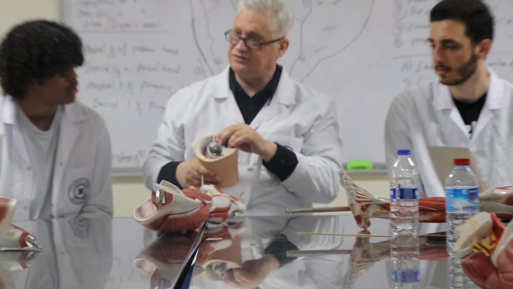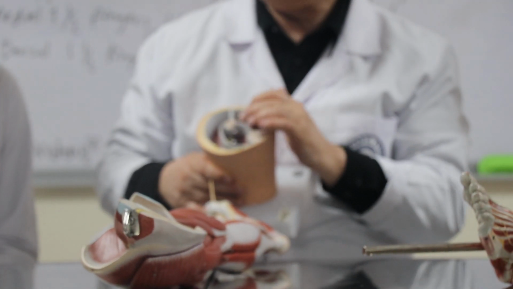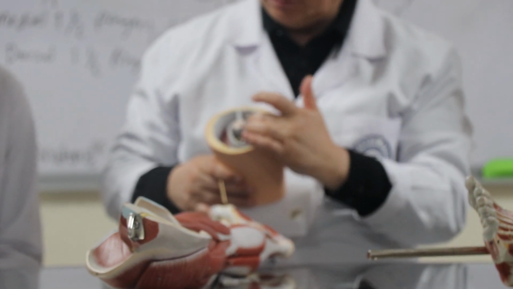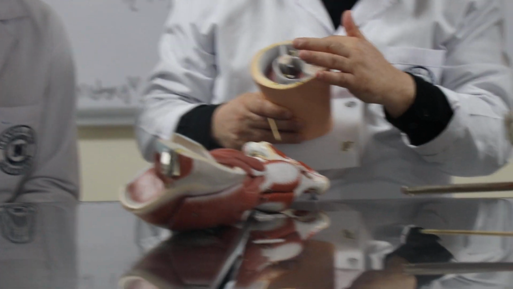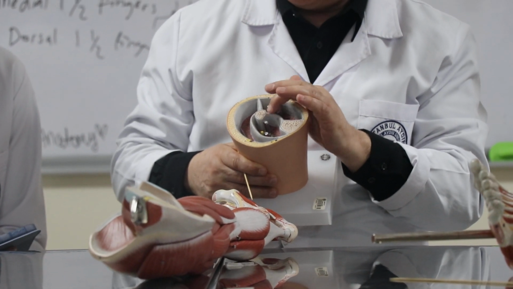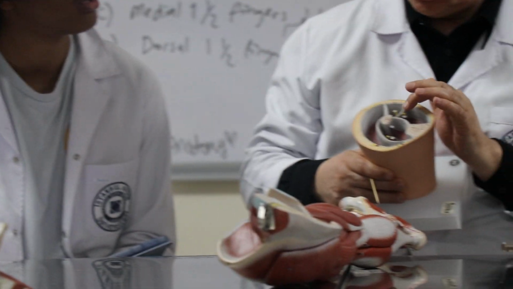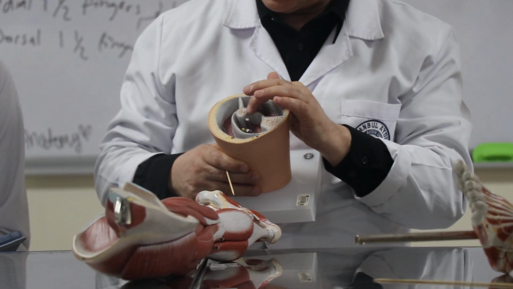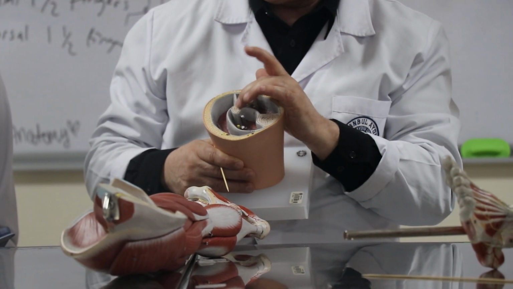This part here is the anterior compartment. And so we have the intermuscular septum. Basically, we also have the interosseous membrane that connects the tibia and fibula. And then we have this intermuscular septum, anterior and lateral, and they basically attach to this interosseous membrane, and part of it attaches to the fibula.